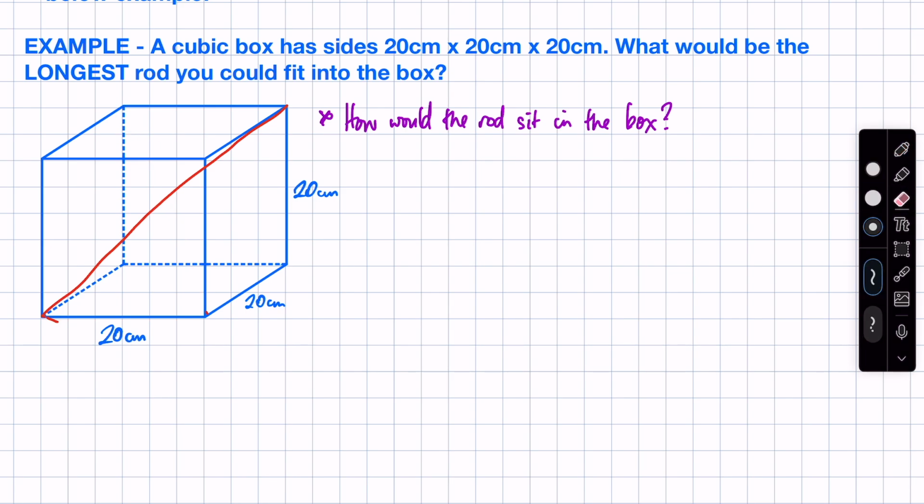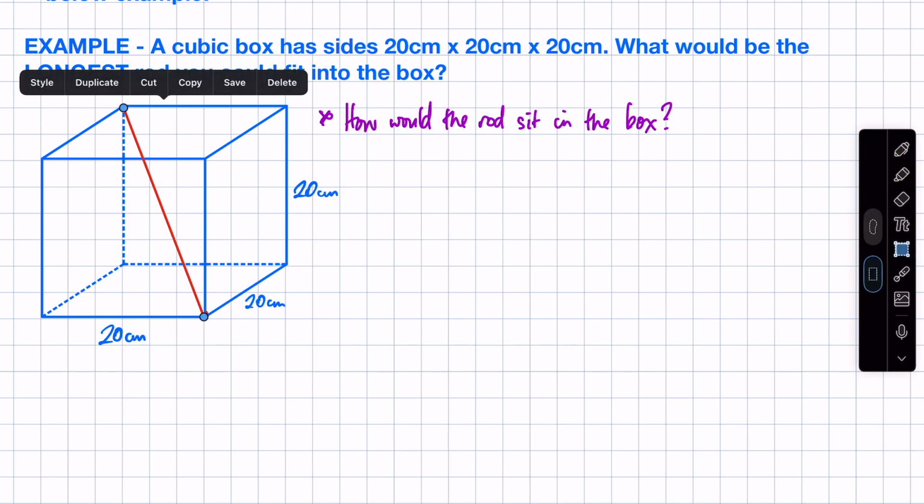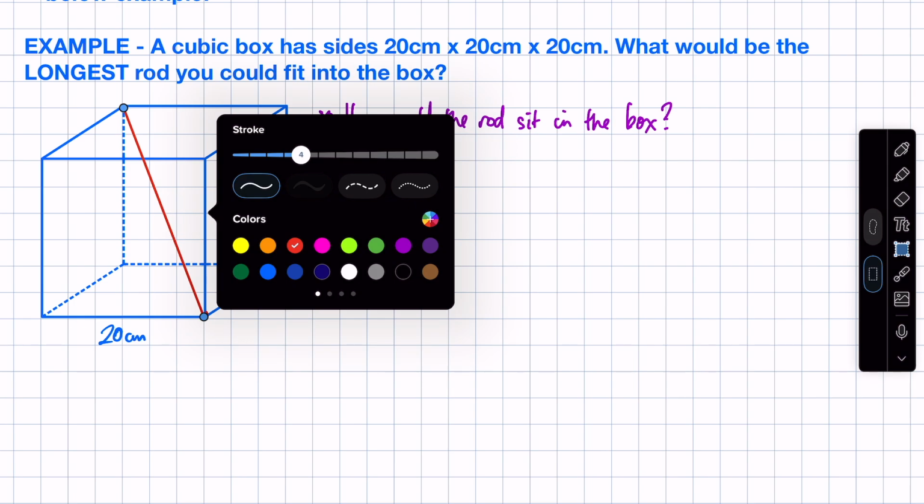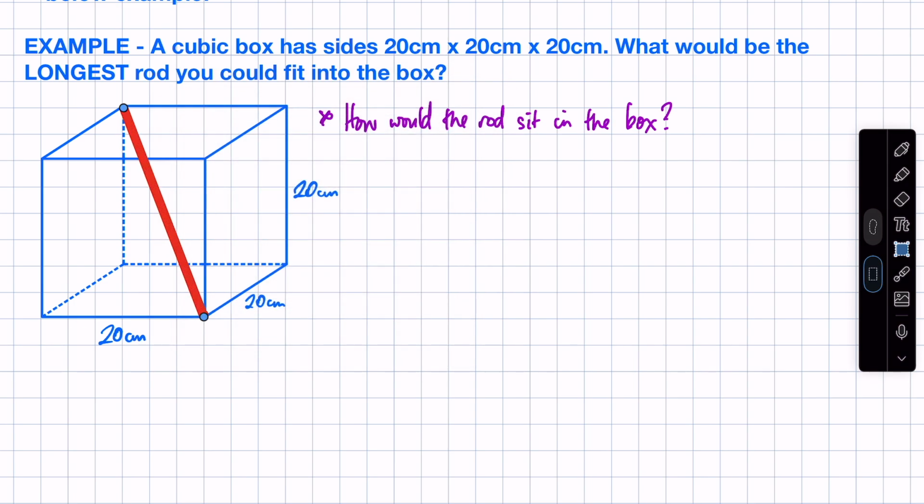I need to know the fat red line. Where is the right angled triangle? Where is the flat right angled triangle there? Any ideas?